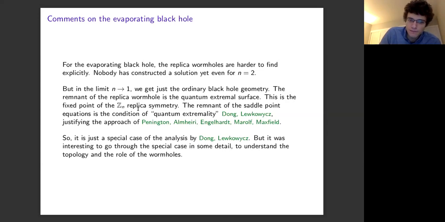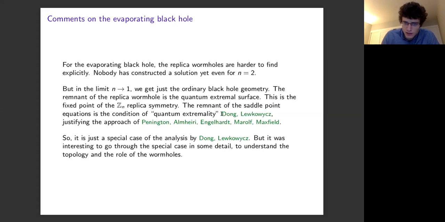And the remnant of the equations of motion for the replica wormhole is the statement that that Zn replica symmetry fixed point should be at a locus of quantum extremality. So in the classical approximation, it should be an extremal area surface.